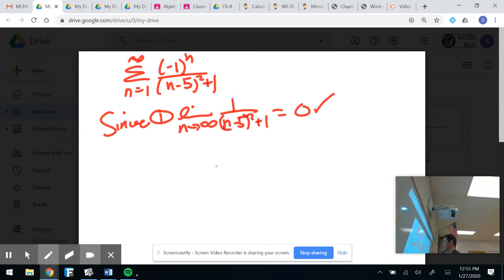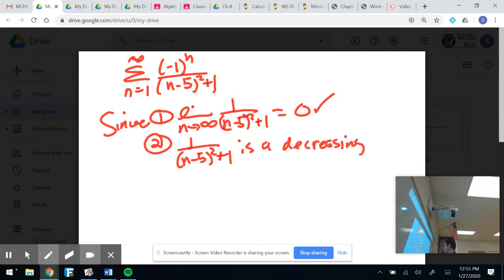Oh, sweet, it does. Check 1. And then check 2, I just need this, once again without the alternator, to be a decreasing sequence. If you don't believe me, write out some terms. I actually think this increases a little bit at first, but it decreases forever and ever as we get far along the sequence. It's a decreasing sequence. That's it.